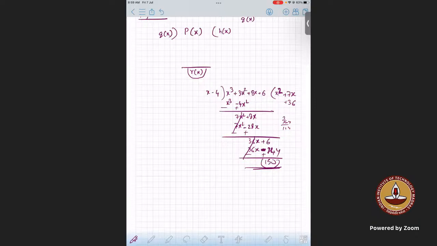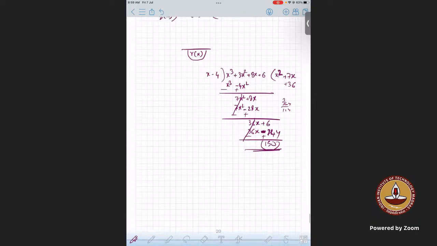Suppose we do the same division with x power 4. X power 4 plus 3x square plus 8x plus 6, divided by x minus 4. It will become x cube.